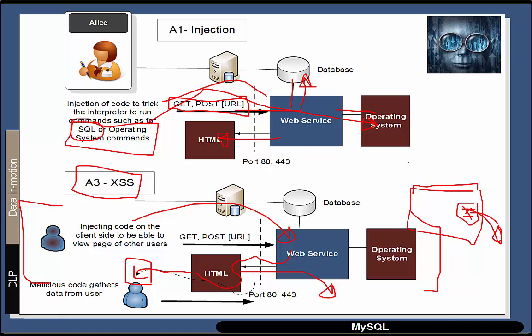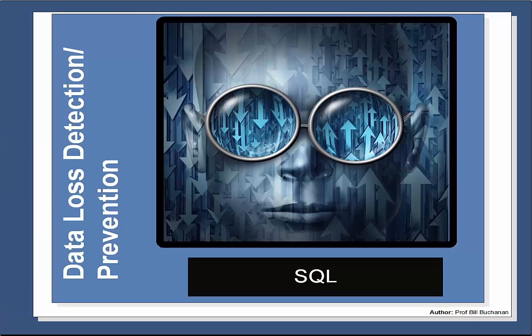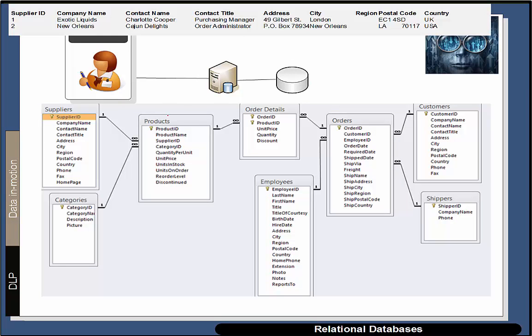Okay, so let's look at SQL as our main concept that could be used to prevent or to allow large-scale data loss. Okay, so this is what's called a relational database. In this case, we have a number of tables that are then linked.